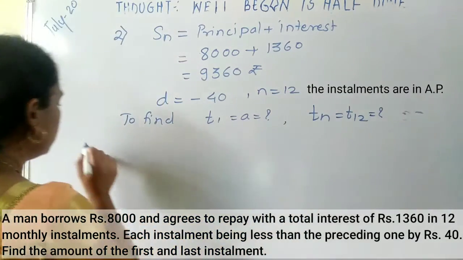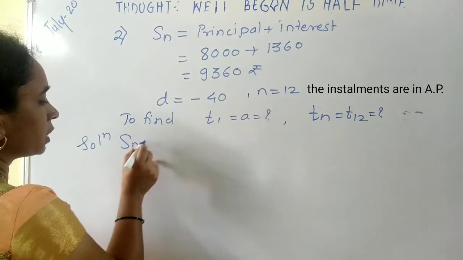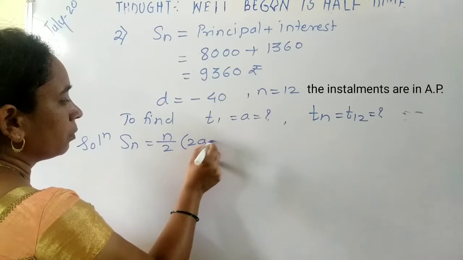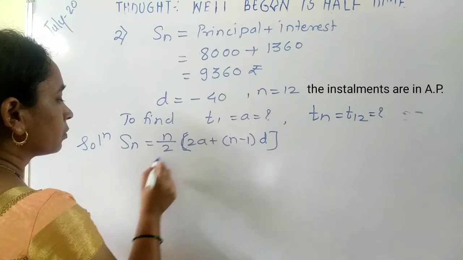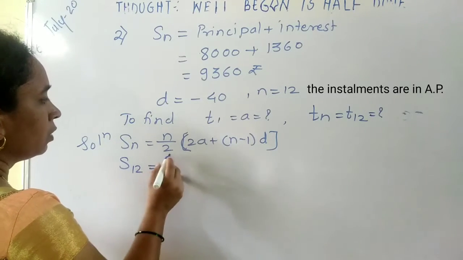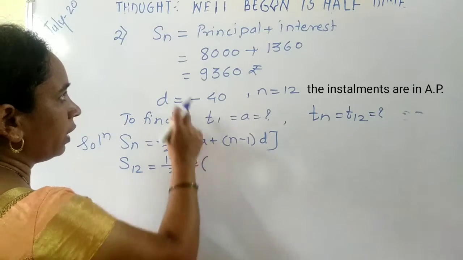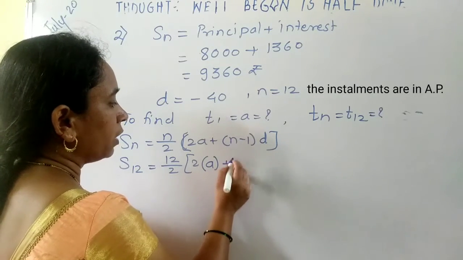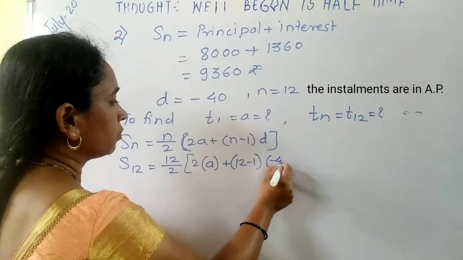Now we'll solve it. To solve it, we'll use the Sn formula first. Sn is equal to n upon 2 into 2a plus n minus 1 into d. Here we have S12, n's value 12 upon 2 into 2a, where a is the first installment we have to find, plus 12 minus 1 into d, which is minus 40.